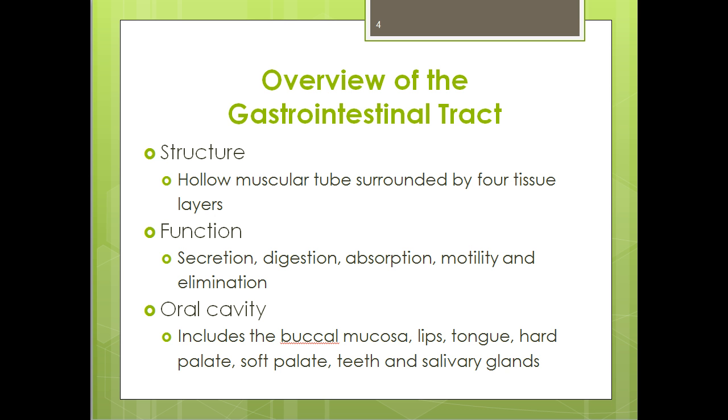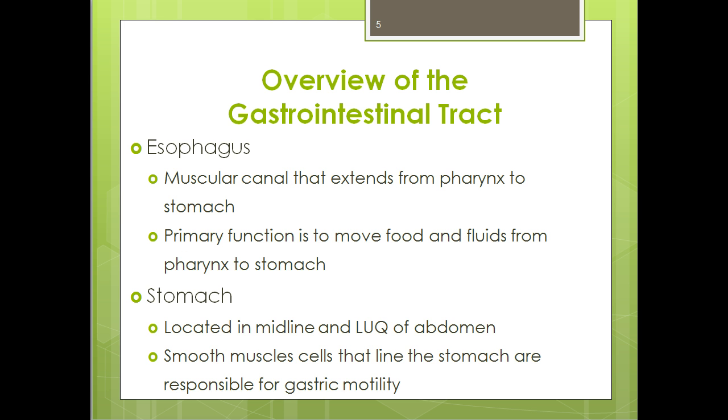Saliva is secreted in response to the presence of food in the mouth and begins to soften the food. Saliva contains mucin and an enzyme called salivary amylase, also known as ptyalin, which begins the breakdown of carbohydrates.